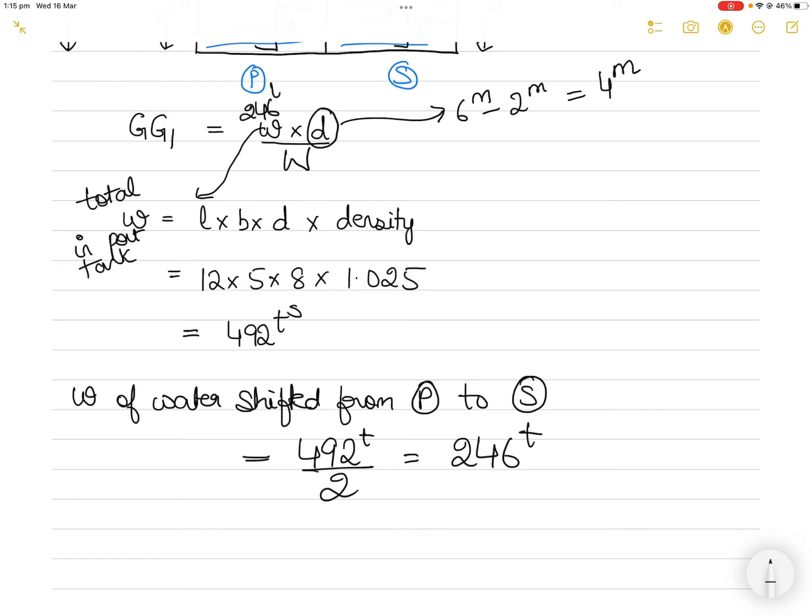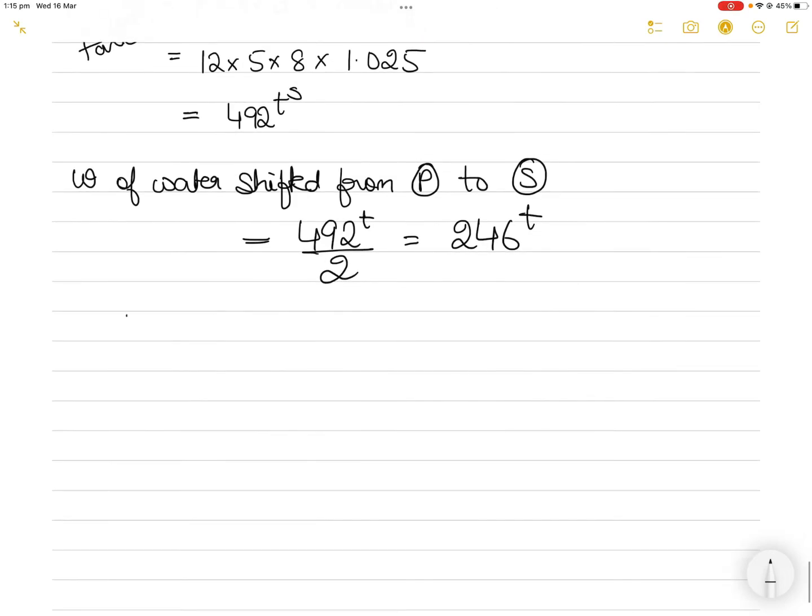And you know displacement is given to you already, it's 9840. So GG1 will be equal to 4 times 246 divided by 9840, which is 0.10 meters.